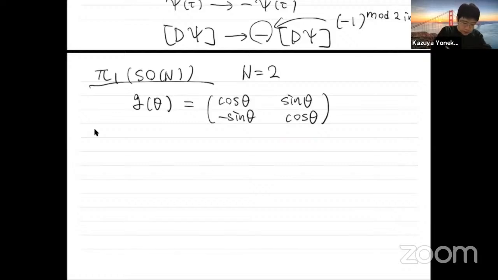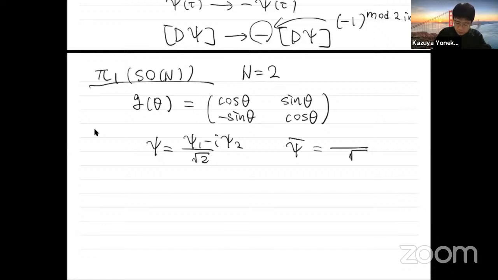Okay, so we consider this SO(N) element. And in this case, it is more convenient to use complex fermions. So I just take linear combination of fermions. Then this is just a theory with Dirac Lagrangian.